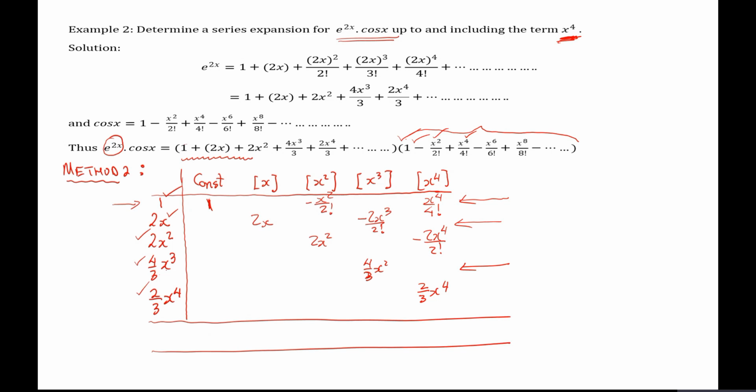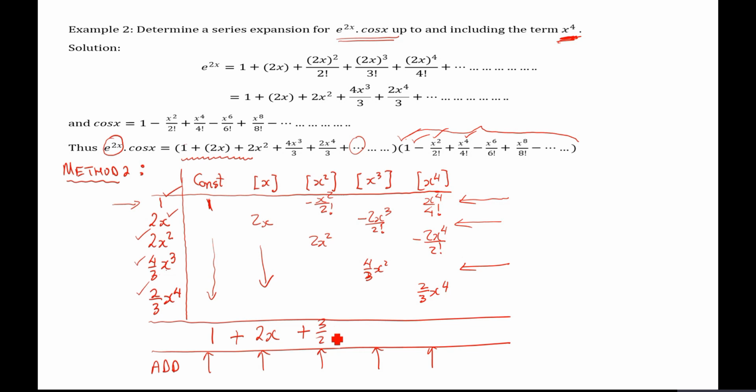Why do I stop? Because any other term after that will give me a power greater than x to the power 4. Now what I'll do, I just take these all. Under each of these columns, you only see like terms, and so you simply add these like terms. 1 plus nothing else underneath gives you 1, then 2x plus nothing else gives you plus 2x, and you can check the addition here.